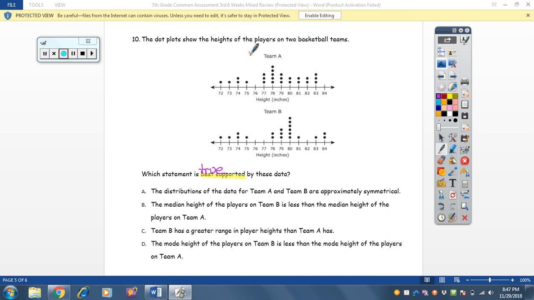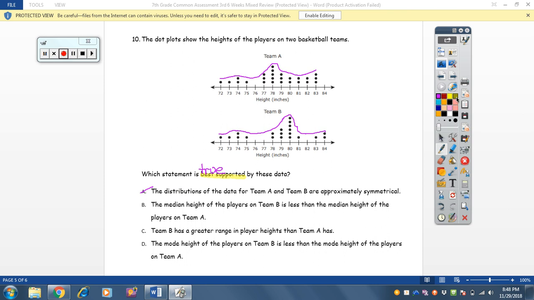Is that true? If I draw a line over, do you see a place where if I could cut it, it would be like a mirror? I don't either.